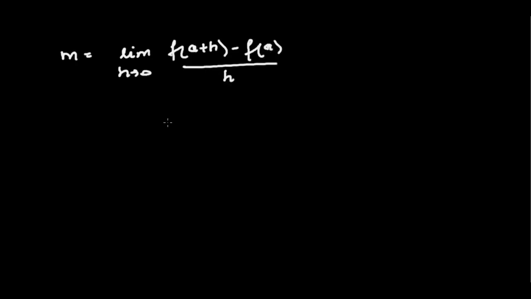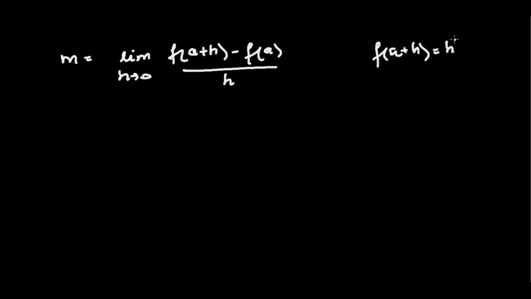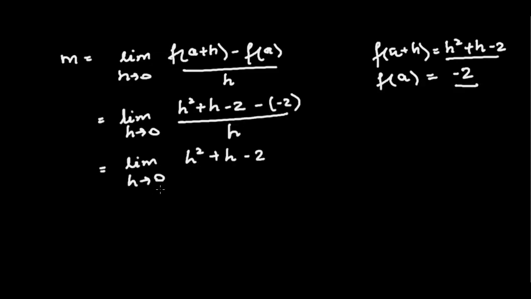As we know, slope is equal to limit h approaches 0 of f of a plus h minus f of a over h, and we have got f of a plus h as h squared plus h minus 2 and f of a as minus 2. We would substitute these into the formula. So this would give us limit h approaches 0, h squared plus h minus 2, negative and negative gives us a plus 2, over h.